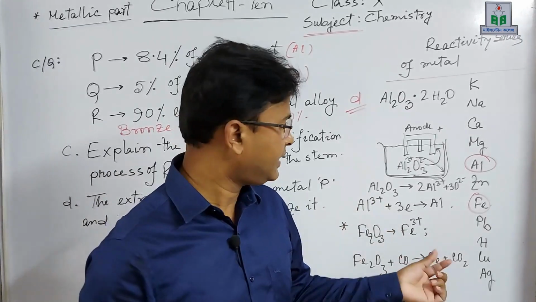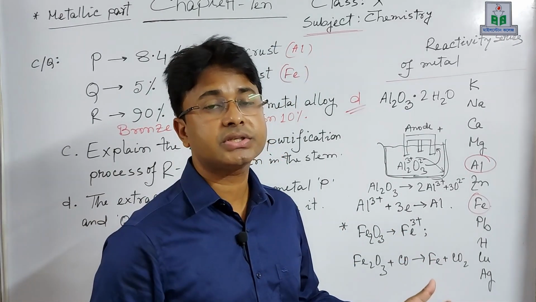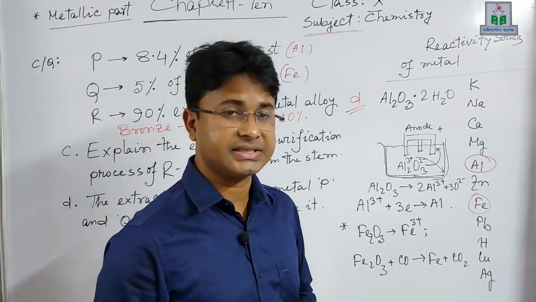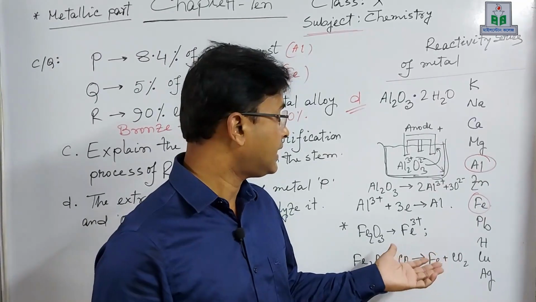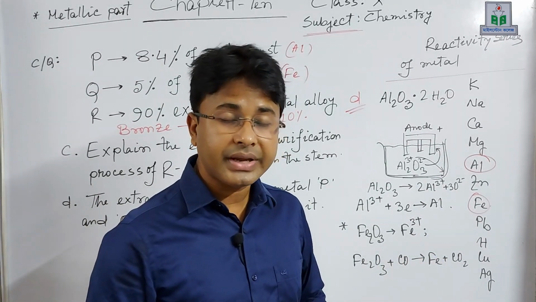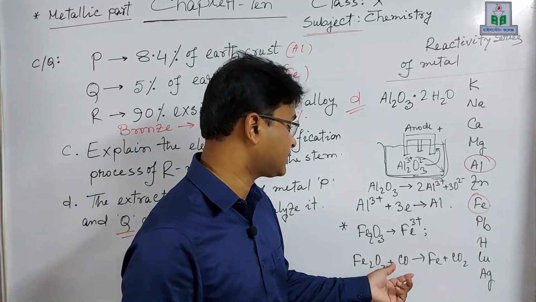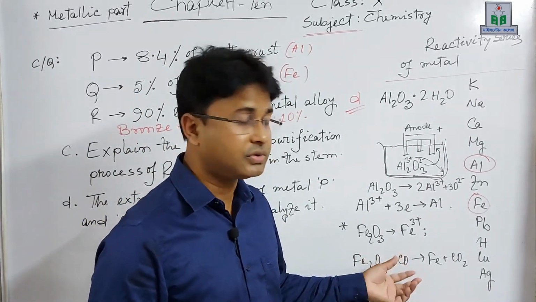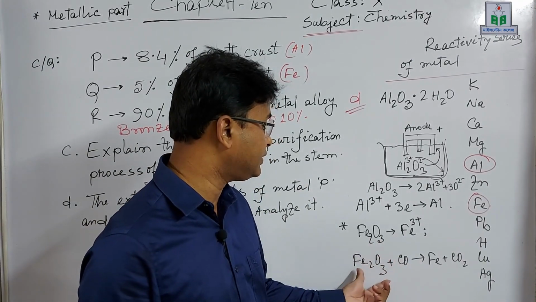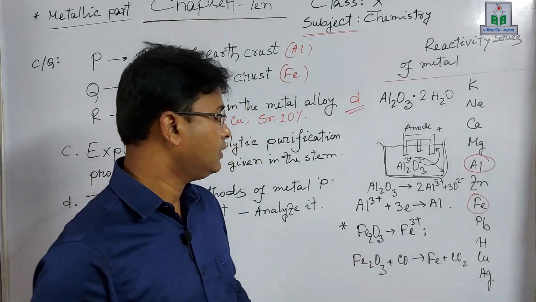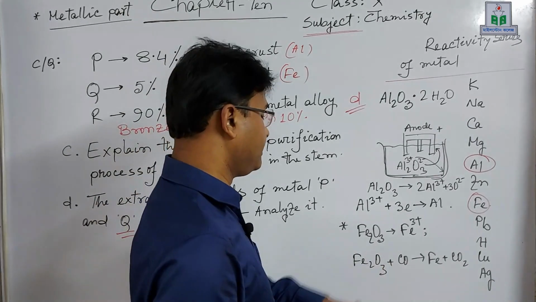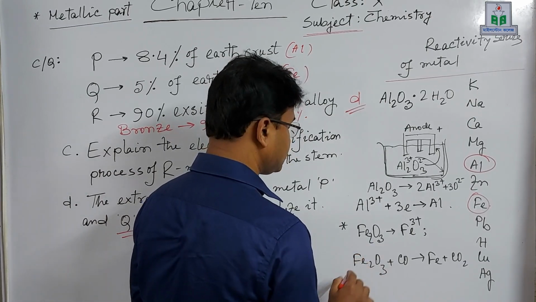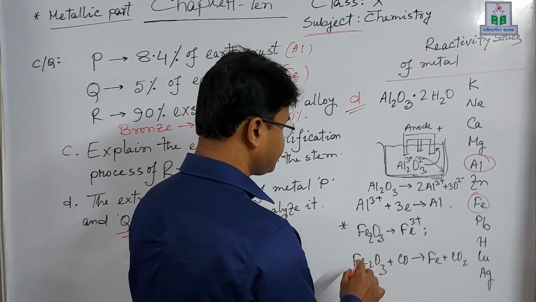So ferric ion can be reduced by a medium reactive reducing agent. Carbon is a medium reactive reducing agent. Here carbon converts into carbon monoxide, as I already told you. Then carbon monoxide reduces ferric oxide to produce iron and carbon dioxide.